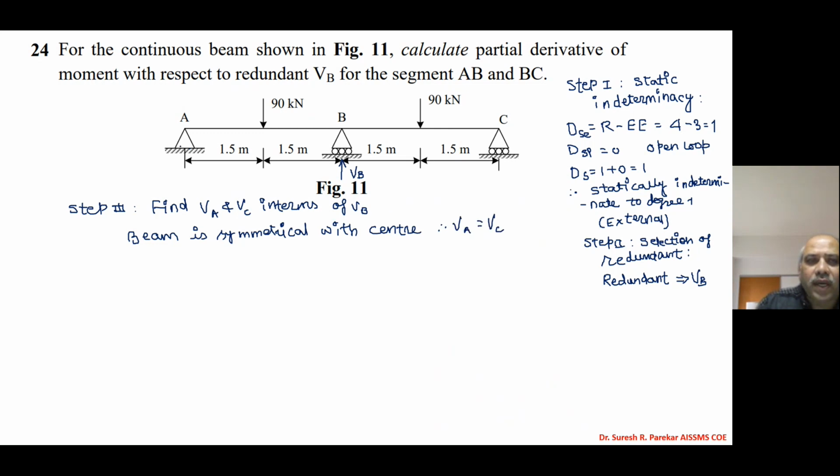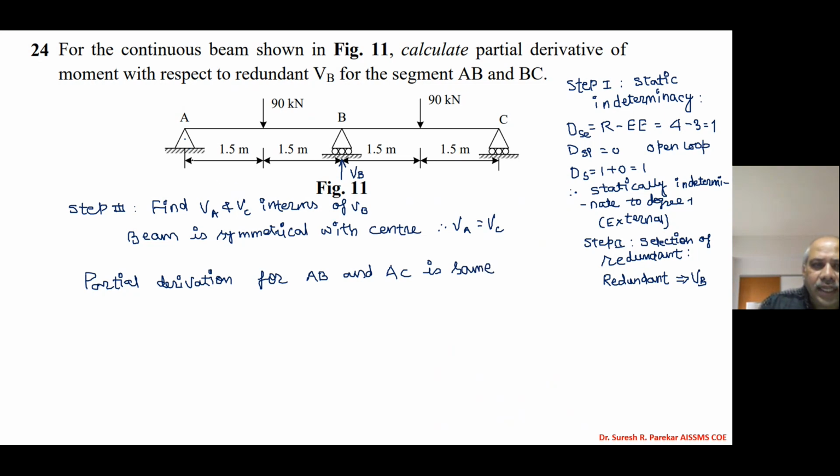Therefore, whatever we write for AB, we have the same for CB. So the partial derivative for AB and CB is the same.